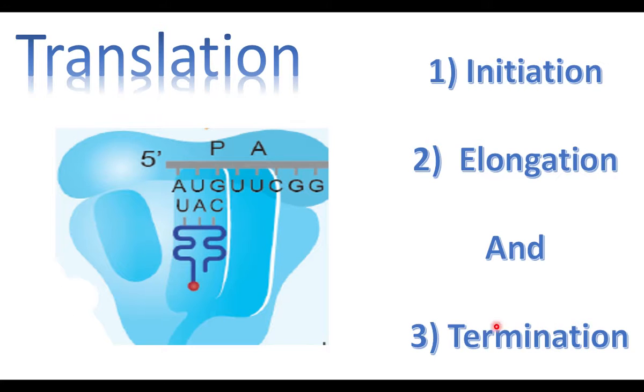In initiation, the initiator tRNA comes to the P site of ribosome. The initiator tRNA pairs with start codon of mRNA, and the initiator tRNA brings one amino acid.